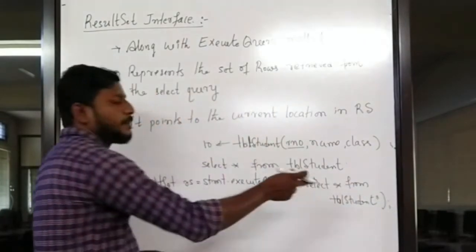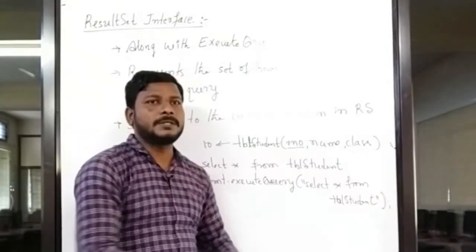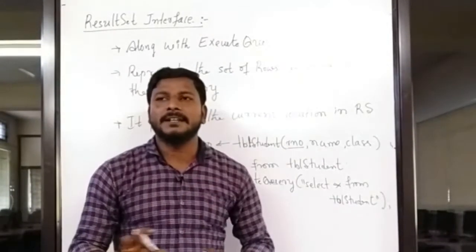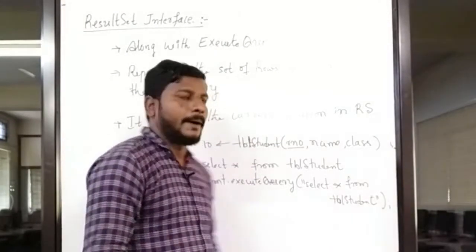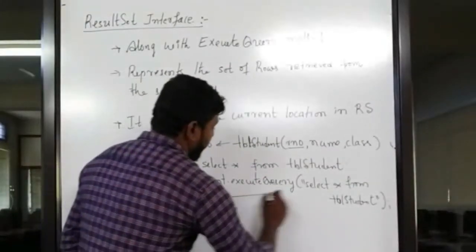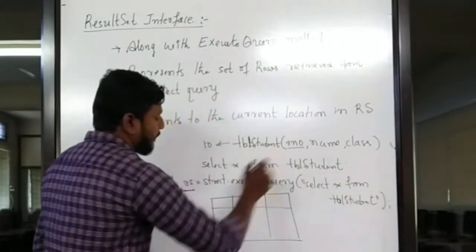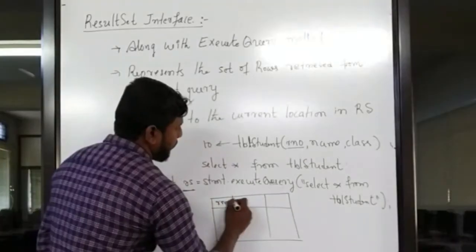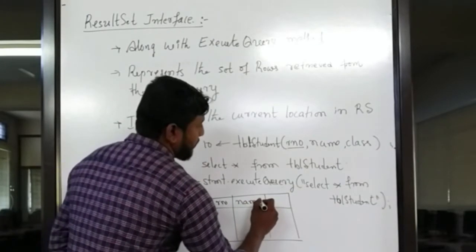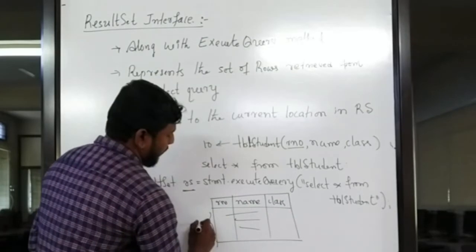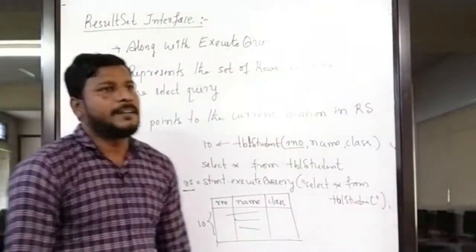Now those 10 rows are stored in the result set rs, and it is represented in Java in the form of a table itself. It maintains a table format once again, containing the 3 columns, the first identified by RNO, the second by name and the third by class, and a set of 10 rows.